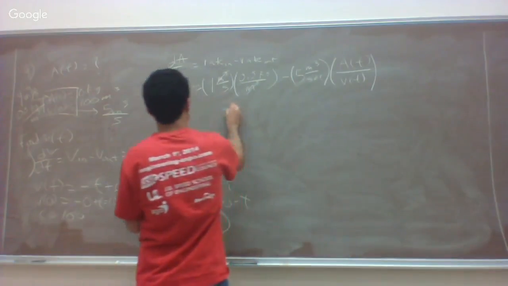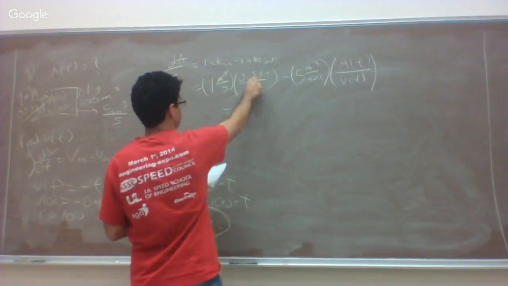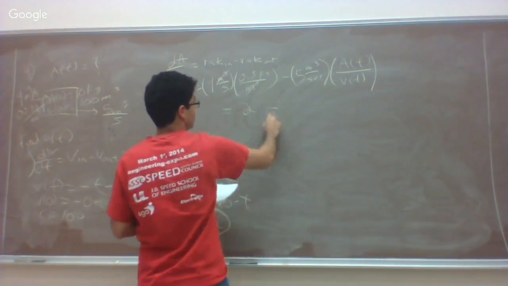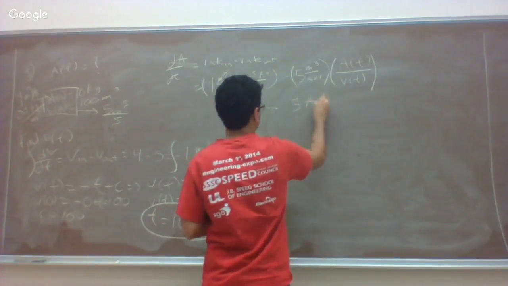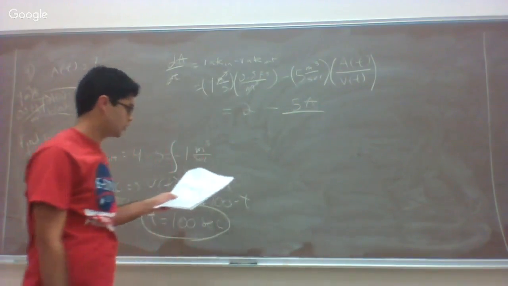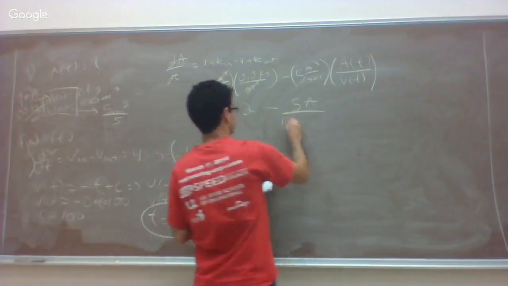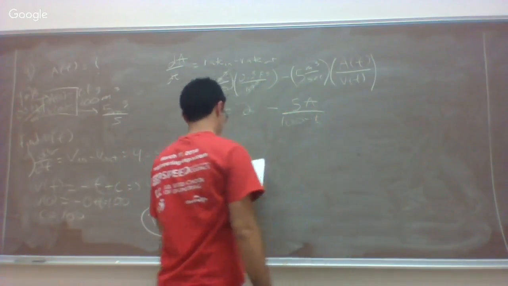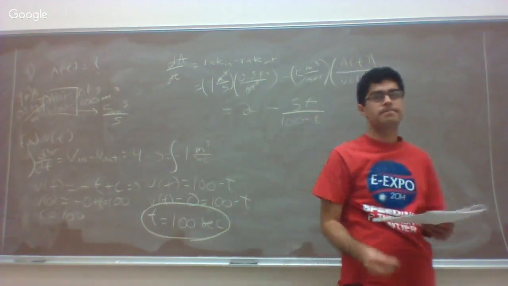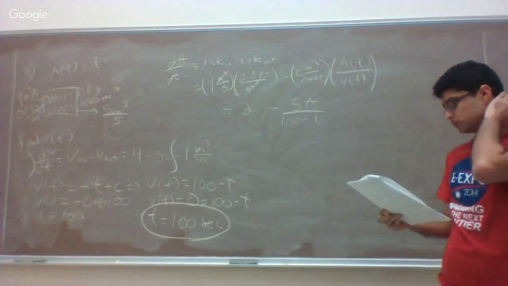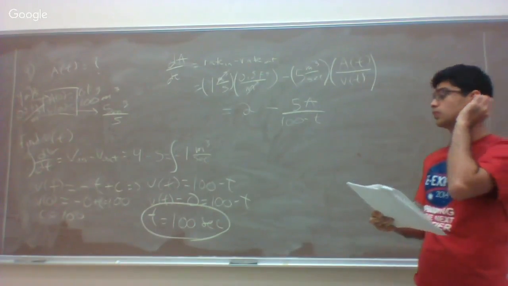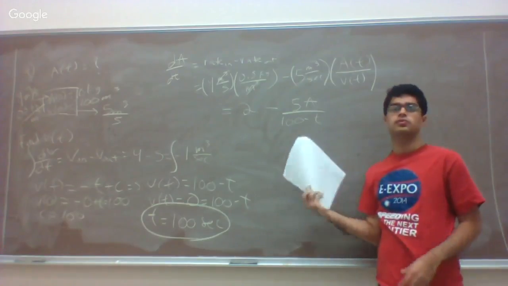So this is equal to 4 times 0.5, minus 5A divided by my function for volume, which is 100 minus t. Any questions on this portion?